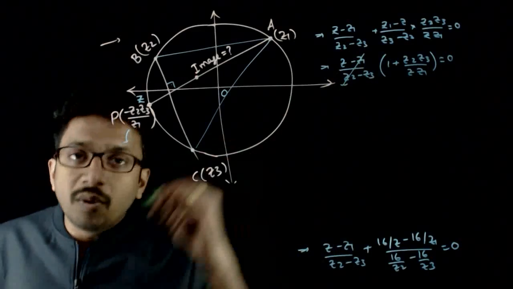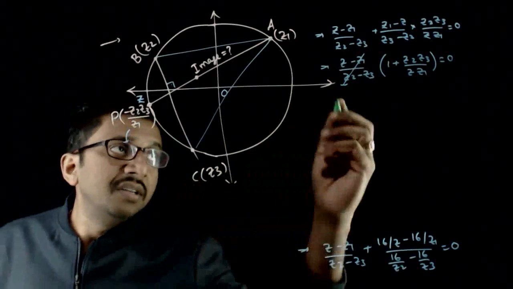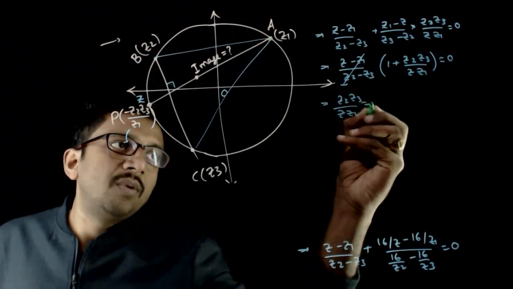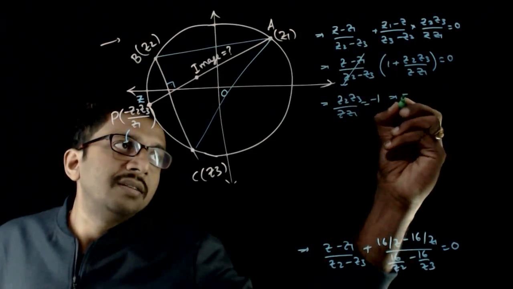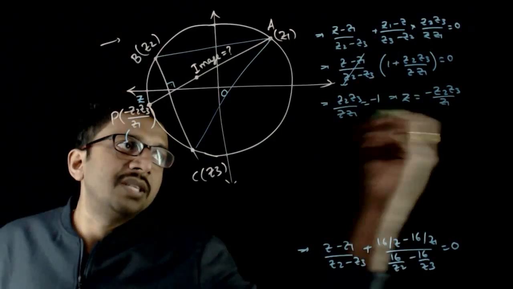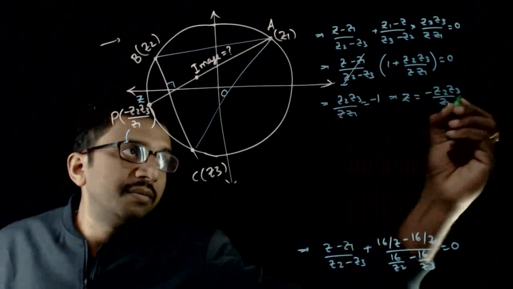So this is not equal to 0 because z is not the same as z1. z and z1 are different. This implies z2 z3 by z1 is equal to minus 1, and z is equal to minus z2 z3 by z1. z is equal to minus z2 z3 by z1.